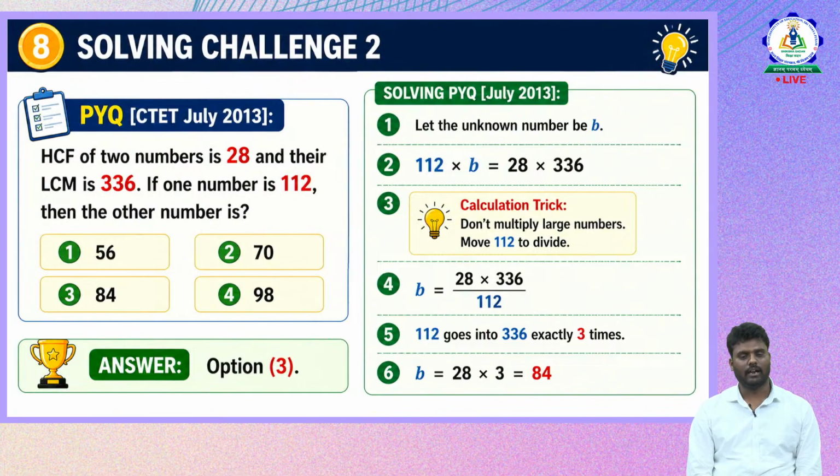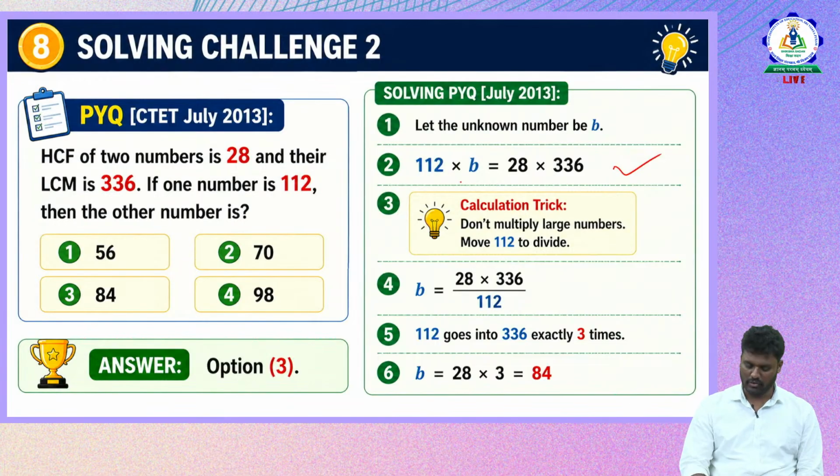If one number is 112, what is the other number? Let the second number be B. The first number is 112, so 112 into B equals LCM into HCF, that is 28 into 336.